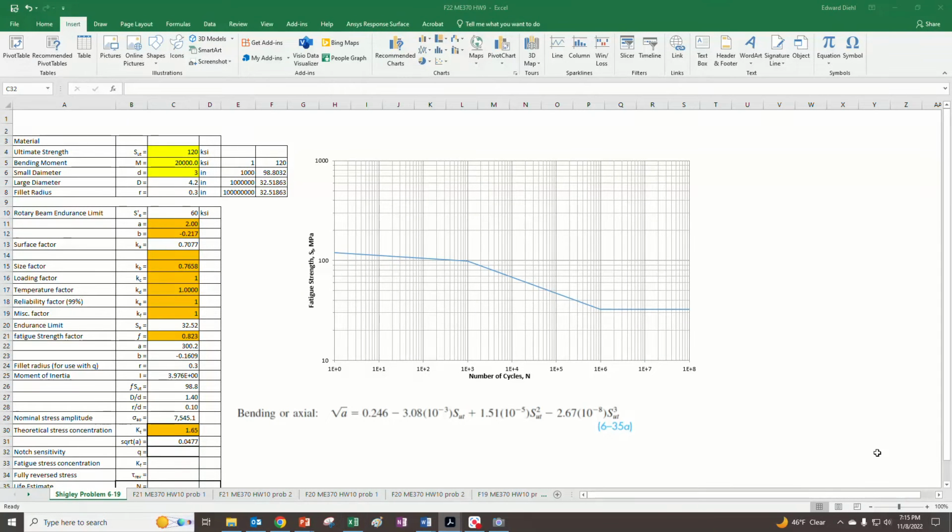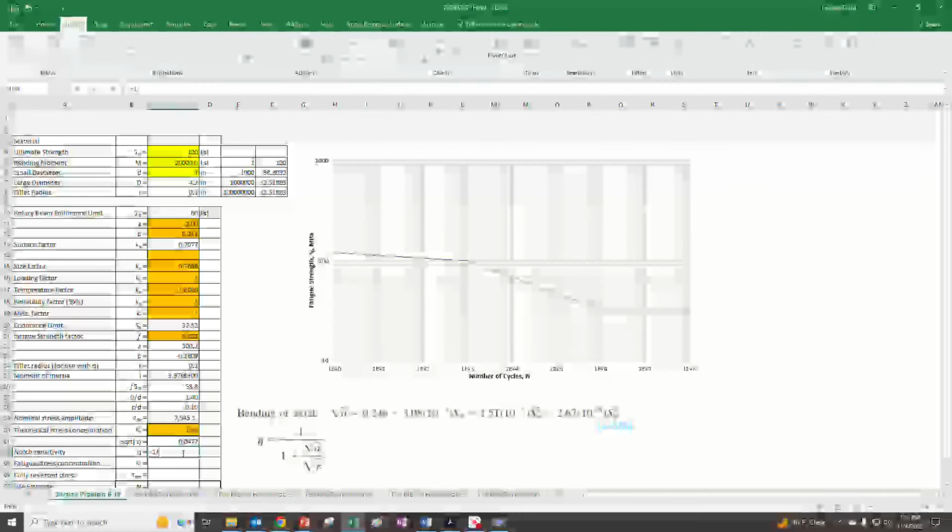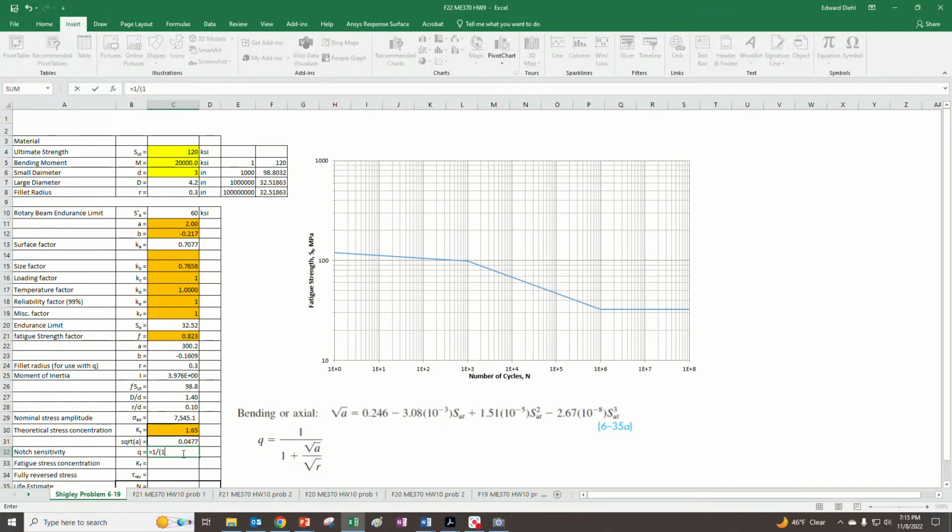And so the equation to use for this is right here. We say that Q is going to be equal to 1 divided by the quantity of 1 plus the square root right there, divided by the square root of the thing.